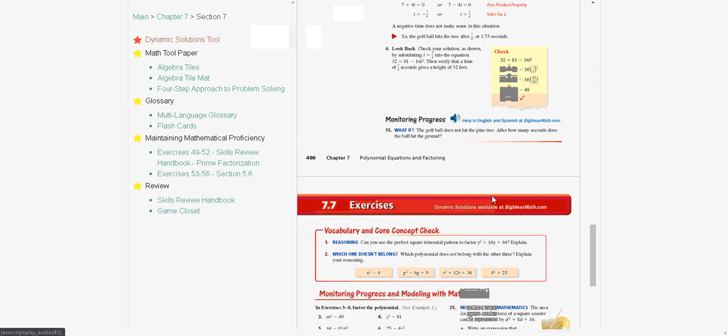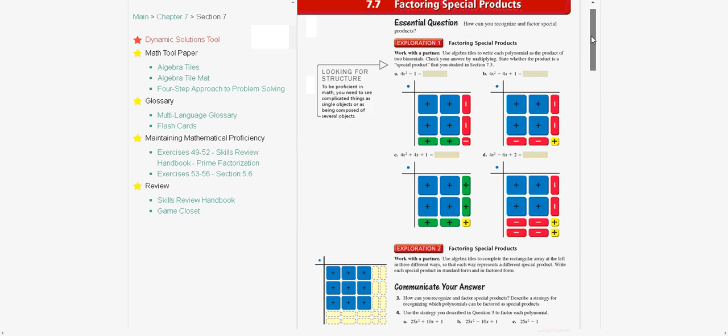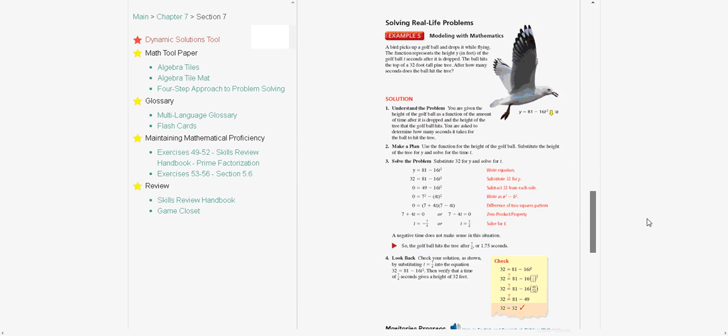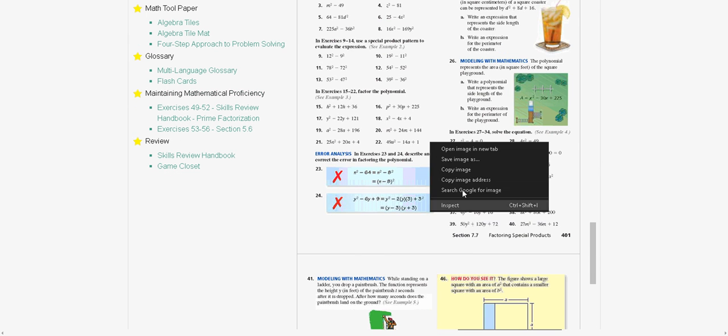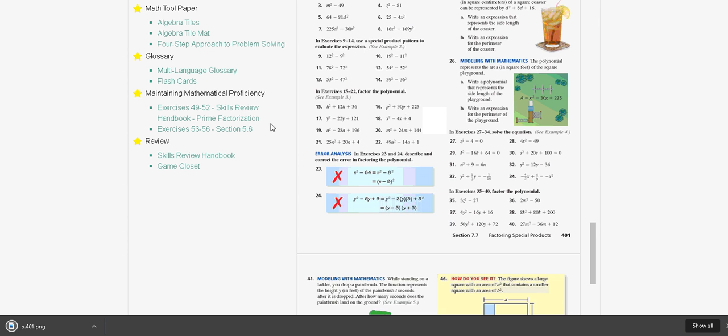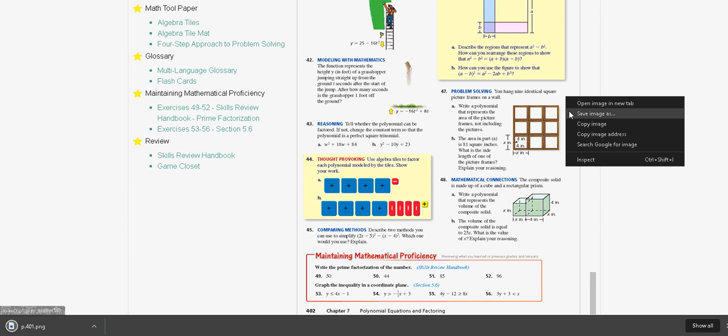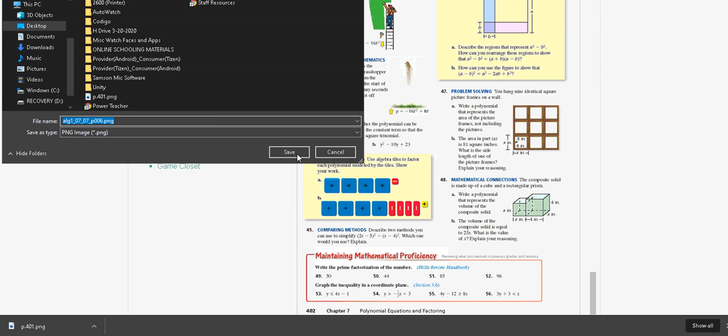So it's got the entire section, and it's separated by section. So this is all of 7.7. So there's 401 right here, and then 402. And you are able to save these. So I'm just going to save this to my desktop here, page 401, and page 402.